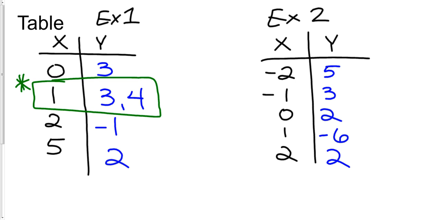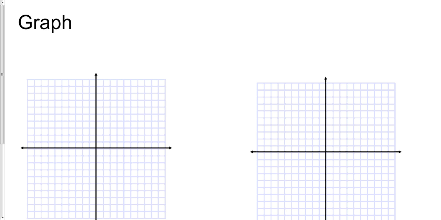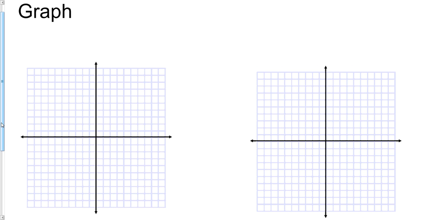Hopefully at this point we're seeing the differences between relations and functions. We've got one more representation to look at, and that's with a graph. So with a graph, all we're going to do is plot the points. So in example 1, we had a point at 1, 3. So we're going to plot that point. We had a point at 2, -1.